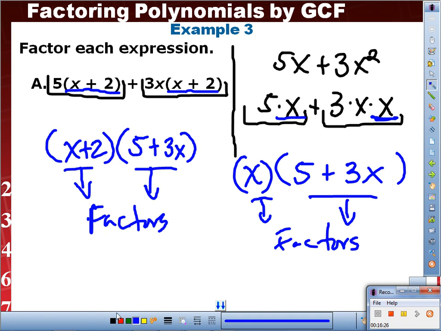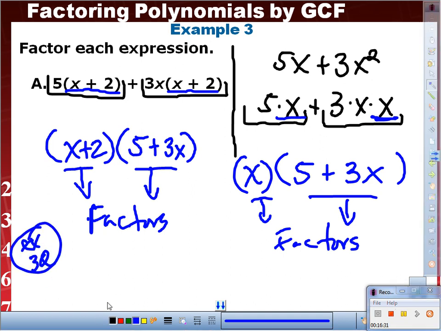Those of you that are done with that, underneath that I want you to write example 3Q. Copy this one and see if you can do this one by yourself.